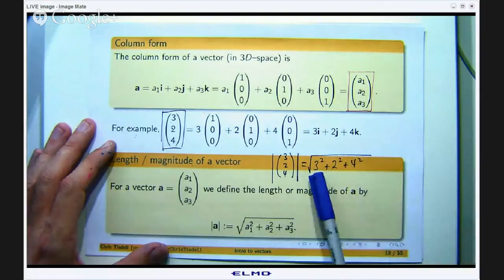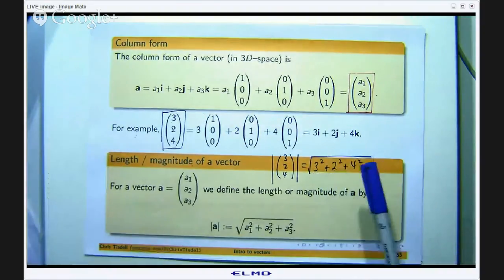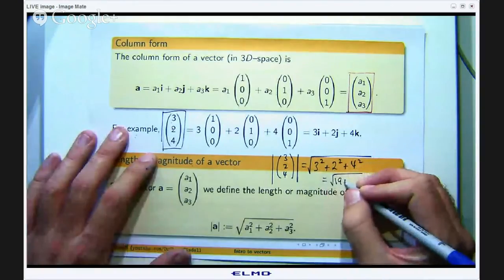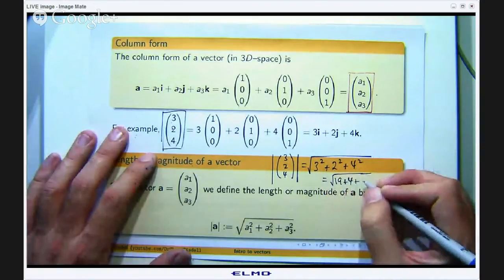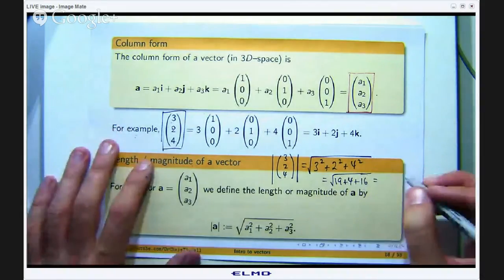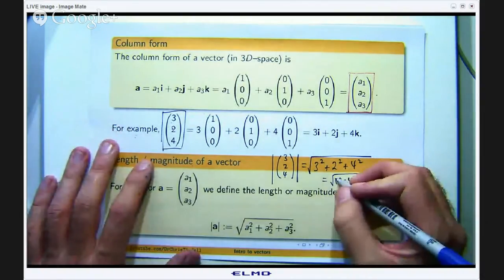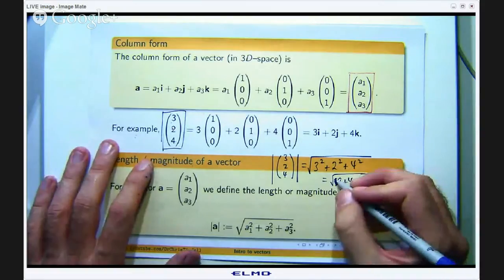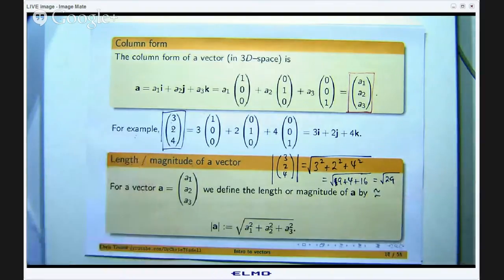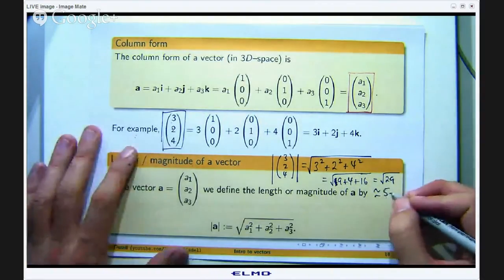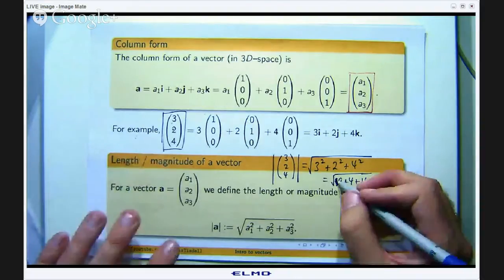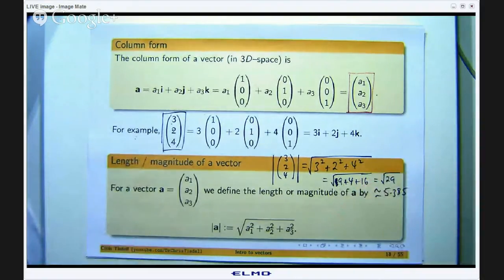Okay, so 9 plus 4 plus 16. Oh, sorry, not 19, 9. Root 29, which is approximately 5.385. Okay, so that's a 9, not a 19.